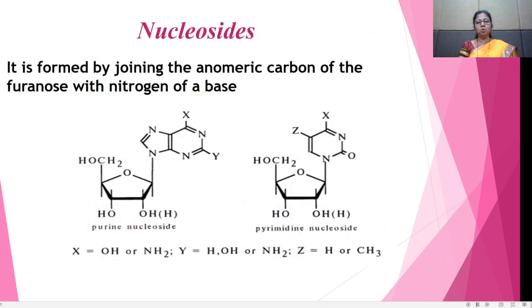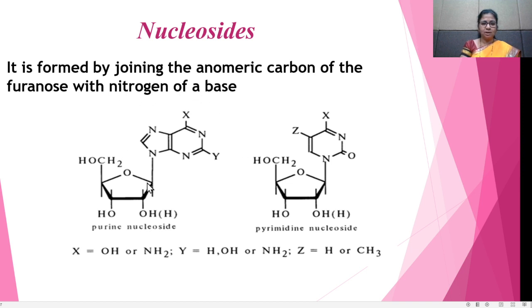Now see the nucleosides. The nucleosides are formed by joining the anomeric carbon of the furanose with nitrogen of a base. How are the nucleosides formed?